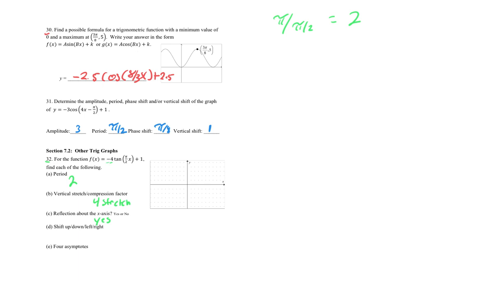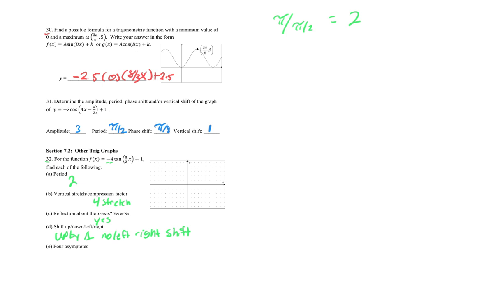We can see that in the negative sign. All right, shift up, down, left, or right. So the up, down, it's up by 1. No left, right shift. And now find 4 asymptotes of this graph.